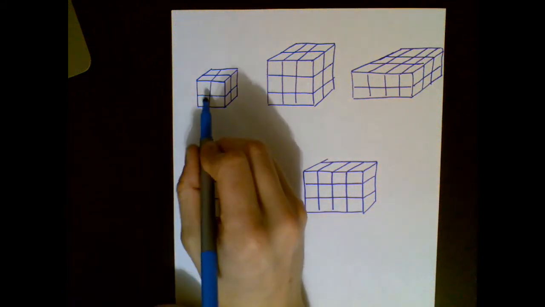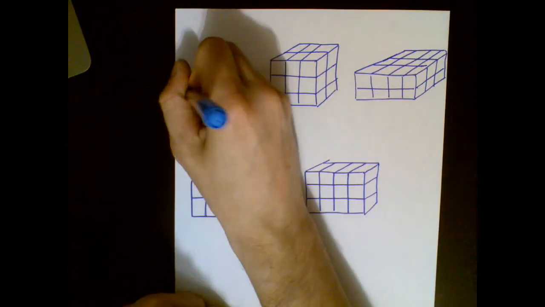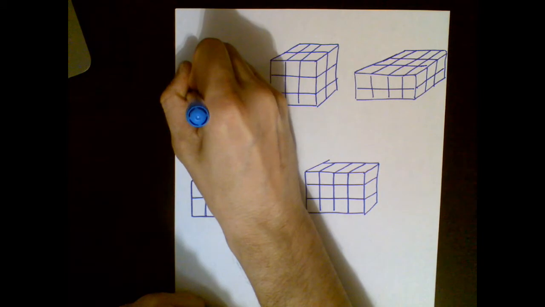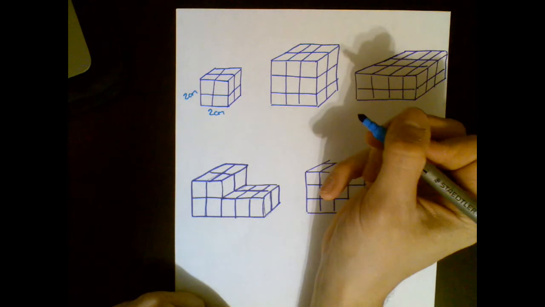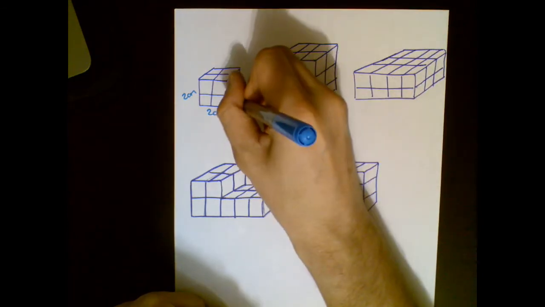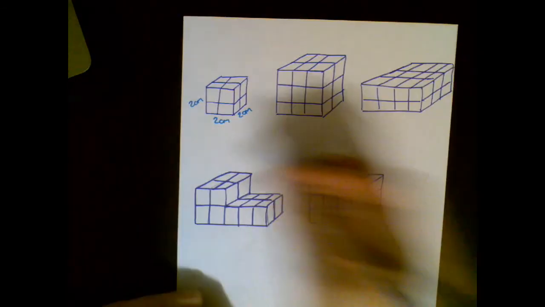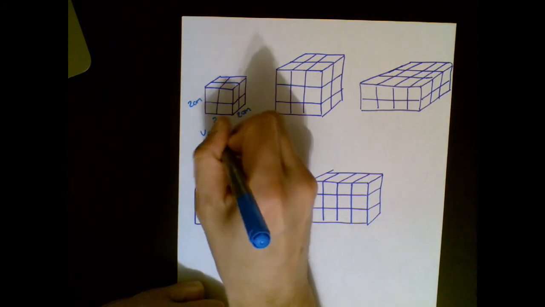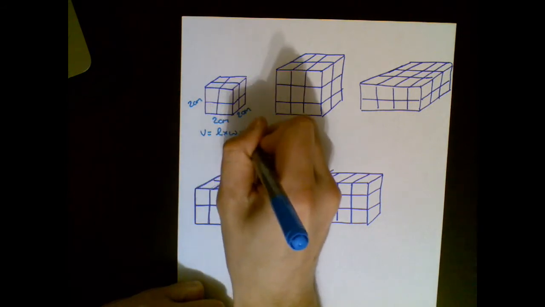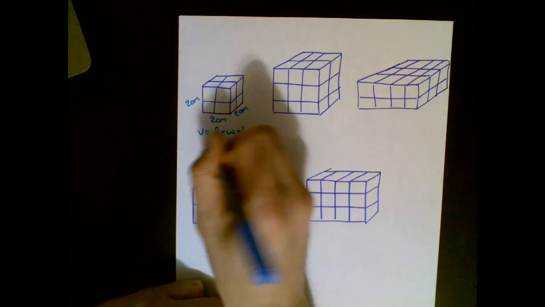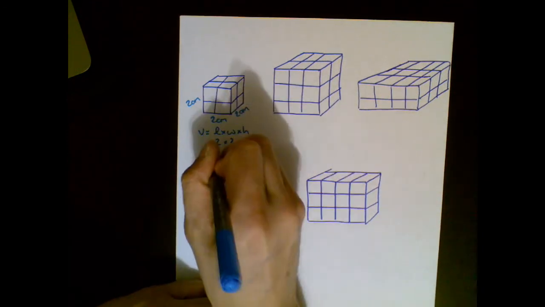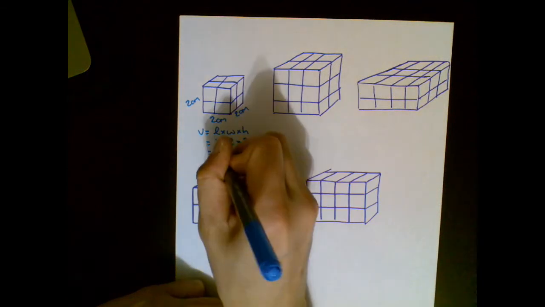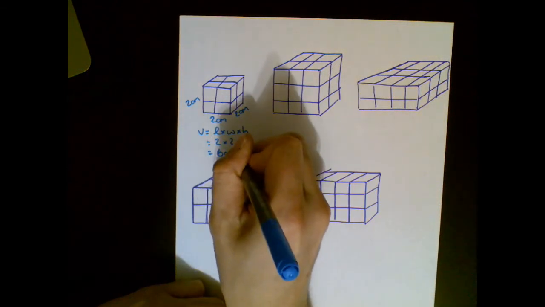So for this one, again, I'm going to start by labeling. So it's 2 for my height, 2 for my width or length, and also 2 over here. Write out my formula, length times width times height. 2 times 2 times 2, which is going to give me 6 centimeters cubed.